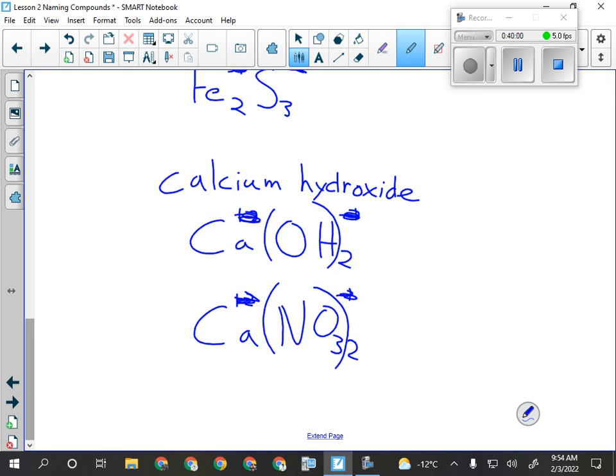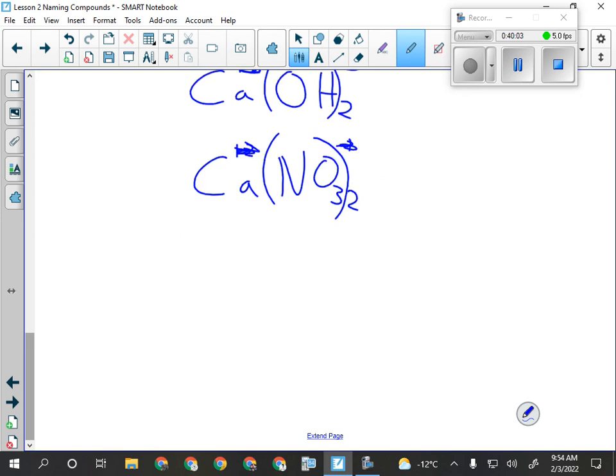Okay, so there's one other thing that can happen sometimes with the drop and swap, and it would be in a situation like this. Okay, so let's say I've got lead 4 oxide. If I'm going to write the formula for this, lead is Pb.